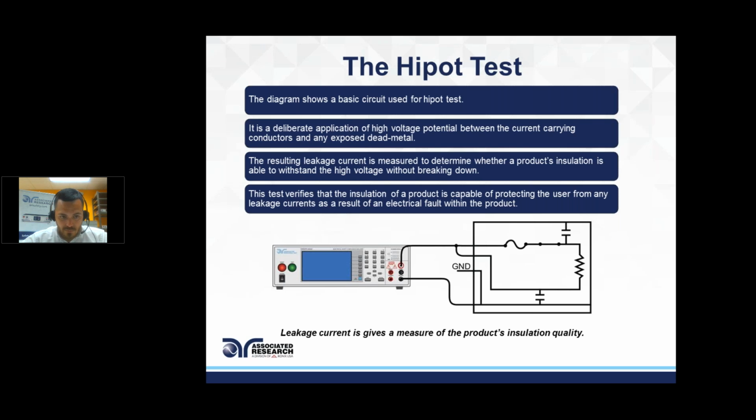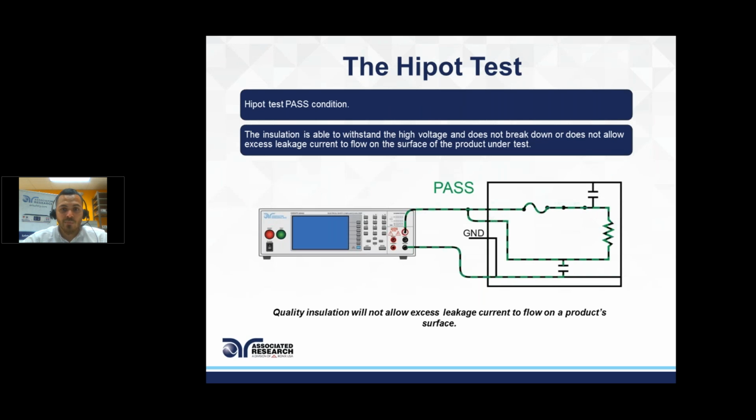So again, leakage current gives a measure of the product's insulation quality. There's other tests that also perform this insulation resistance test, but we'll get to those in other webinars. But today we'll just focus on the Hipot test. Okay, so here we have a bit of a graphic, an illustration of what's happening during a pass.